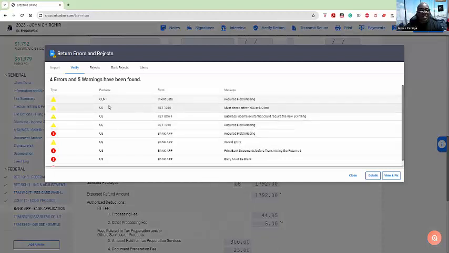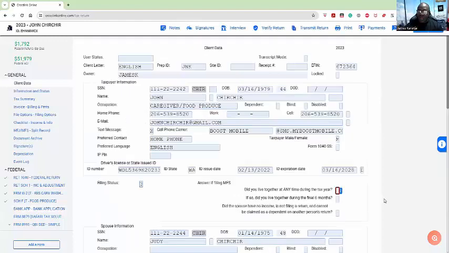Okay, let's go back to the client data, and here these are the questions I was trying to answer, but since I was putting an X, that's why it couldn't go through. I'm supposed to put a Y, like you see, enter Y if the spouse lived with the taxpayer. Y, I was putting an X. Okay.